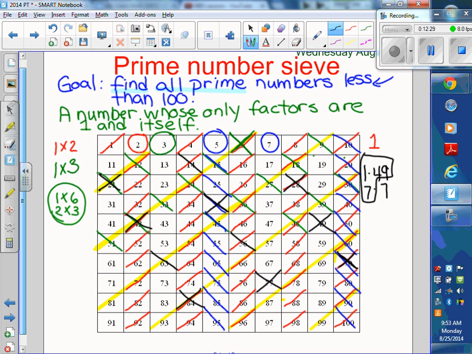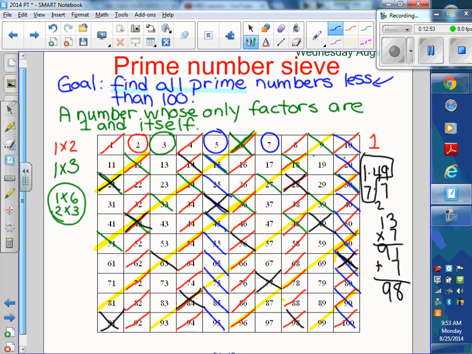If you're not sure, you can count up 7 numbers, or you could multiply 7 times 13. 7 times 13 ends in a 1, so that's a hint. 91. And then the next multiple of 7, you can just add 7 more, and you get 98. None of those are prime.